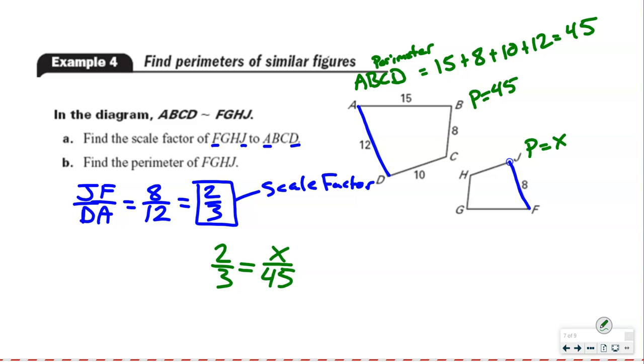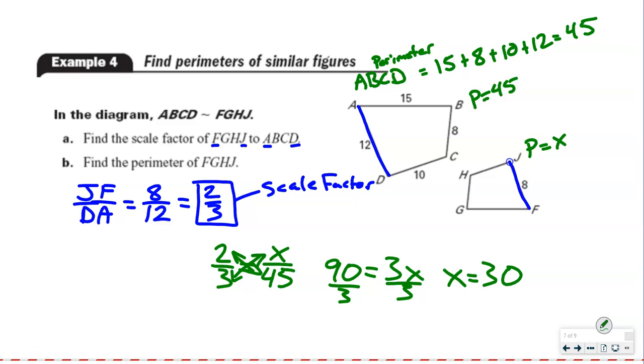And then I can cross multiply. 2 times 45 is 90, and 3 times x is 3x. Divide 90 by 3. x equals 30.